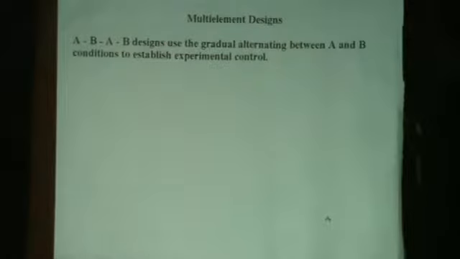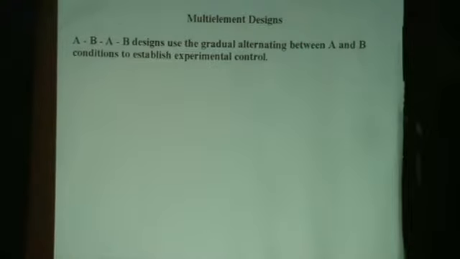Now, typically AB designs use gradual alternating between the A, or baseline condition, and B, intervention condition. By the way, if you're not familiar with an AB design, you may want to look at the video under single case designs on the AB design first, because you'll need an understanding of that before this will be of any use to you.